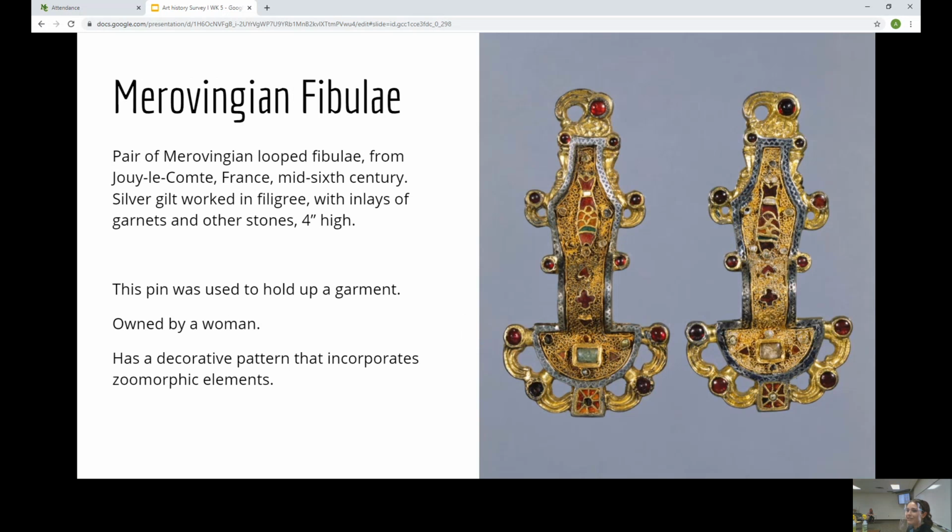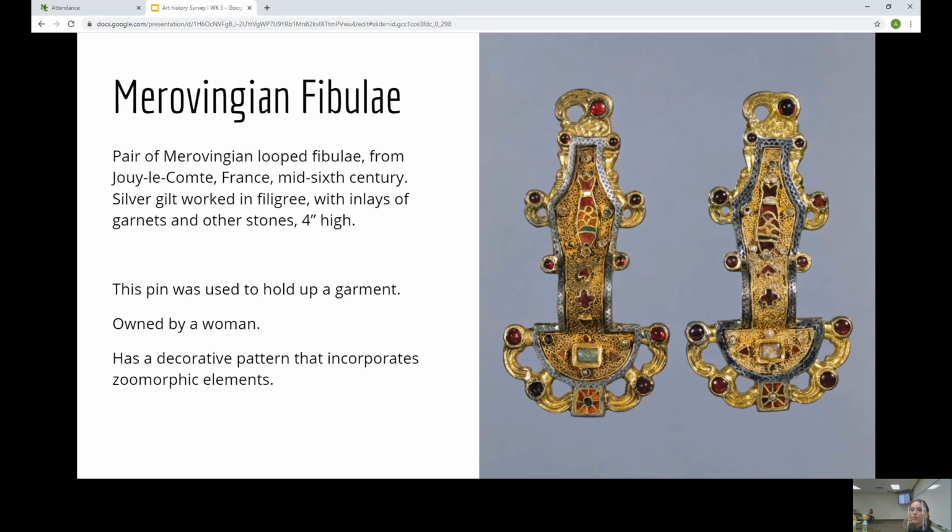This is a fibulae. Fibulae would have been worn as clasps to hold up garments, originally from the Greeks to hold up their toga-like garments and clasp them together. But it had already spread at this point up into places like England and Ireland, and became a popular item and status symbol if you were able to purchase such an object. This one obviously made of very precious metals.